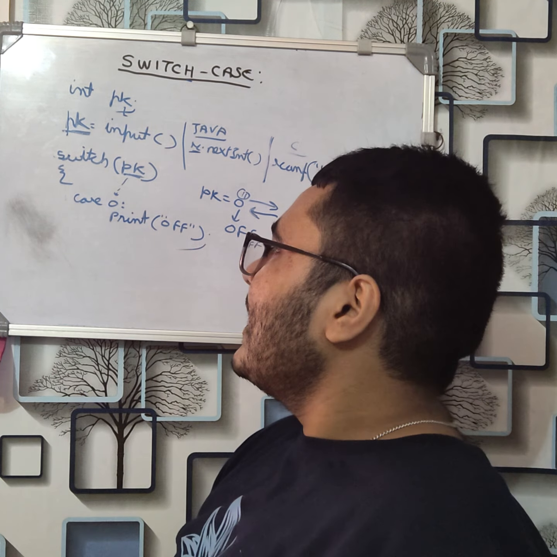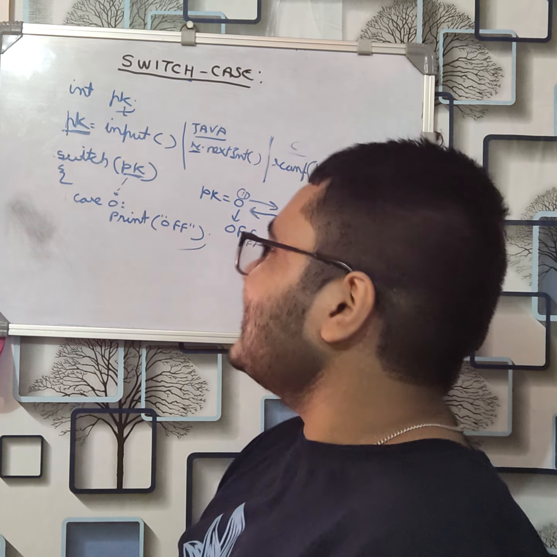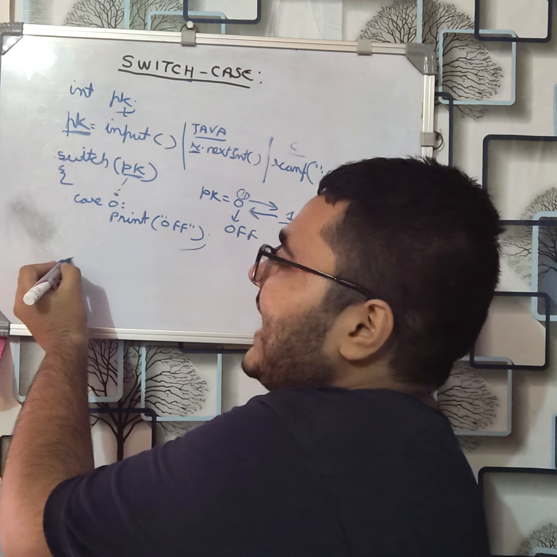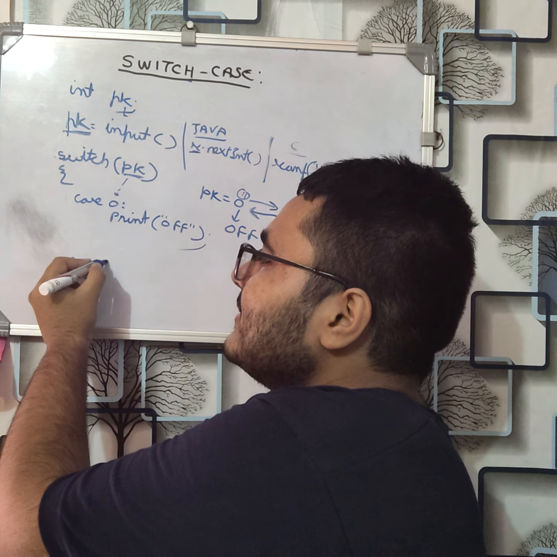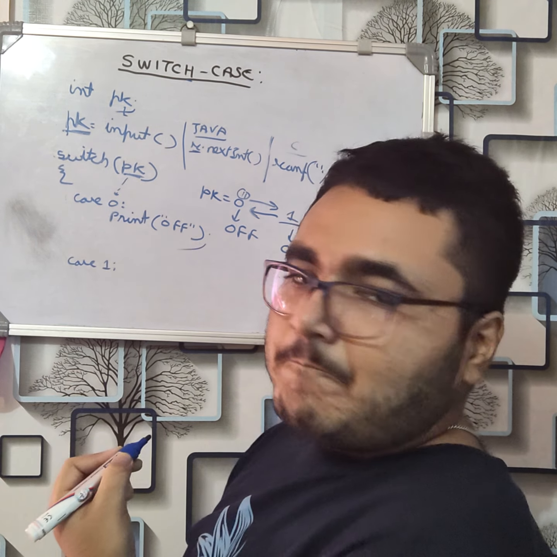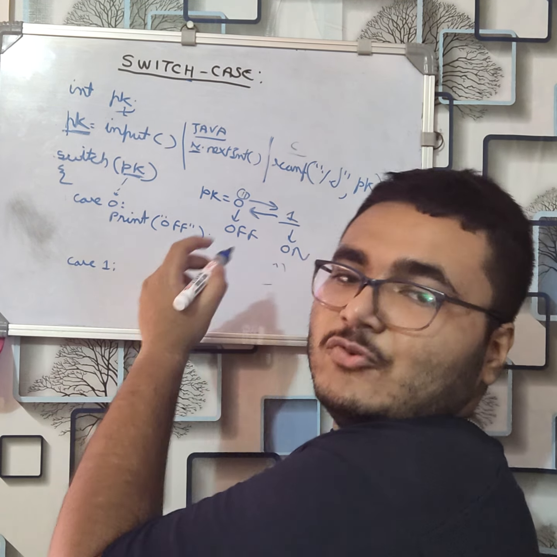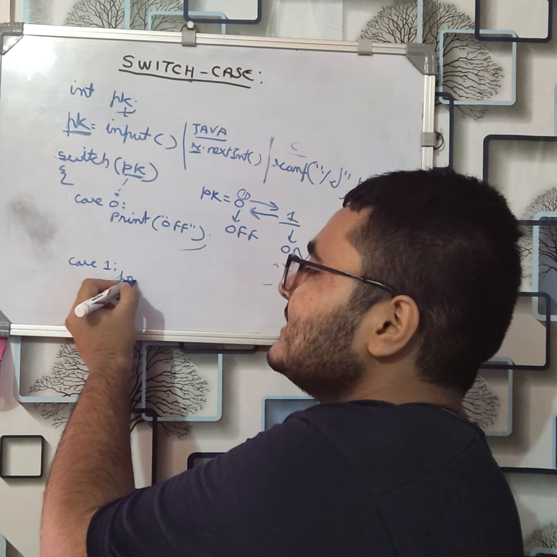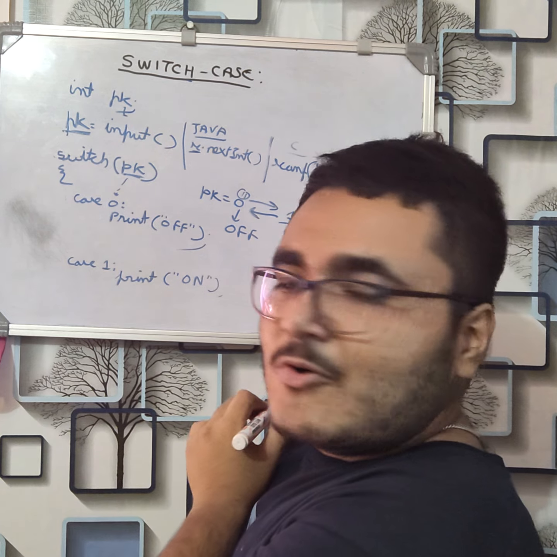Another case is case 1, that is, the value of PK can be 1 also, right? So print on if it is 1.